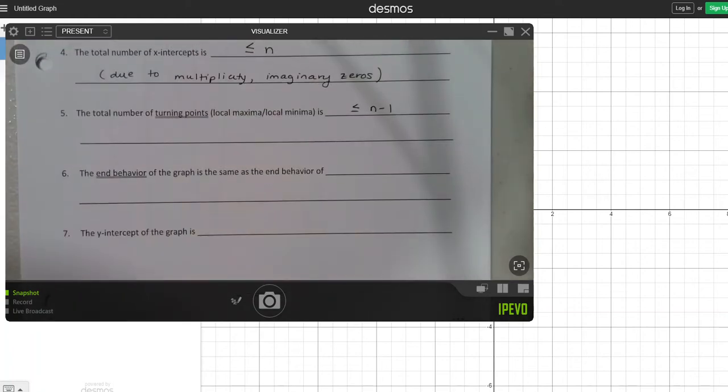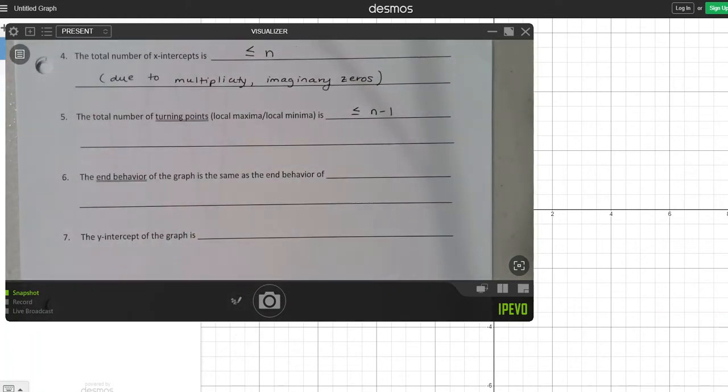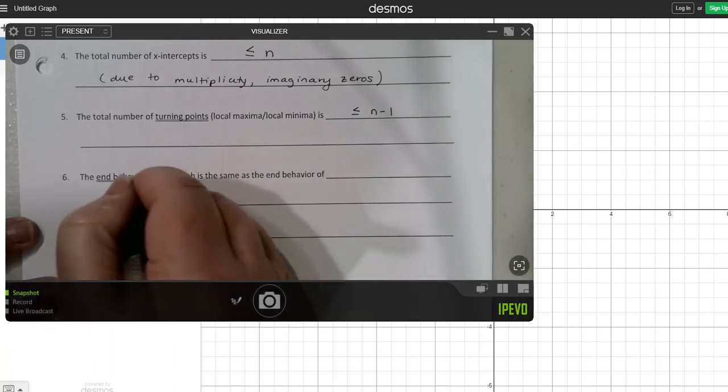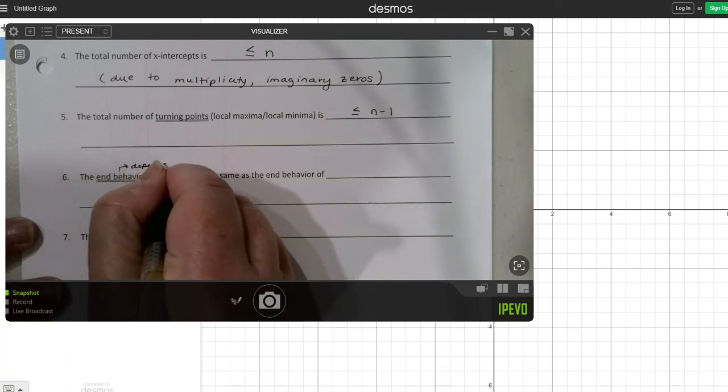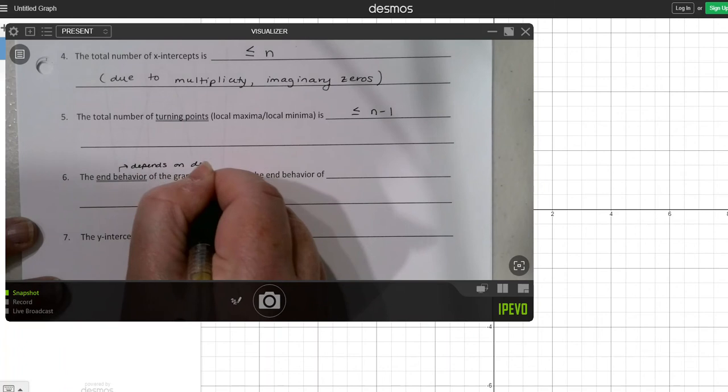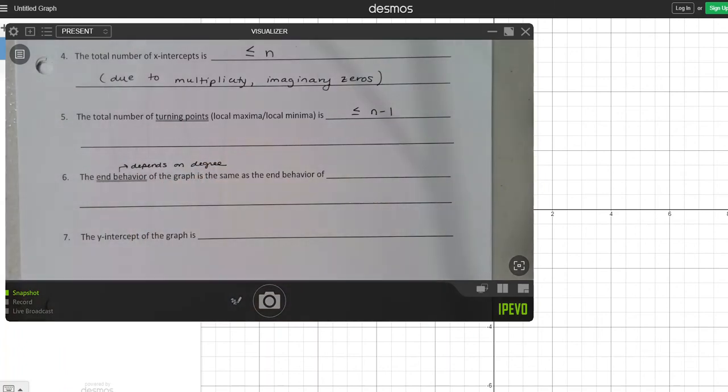And then finally, last couple things here, my end behavior. The end behavior depends on the degree, right? So the end behavior of my graph was the same as the end behavior of y equals x to the n.